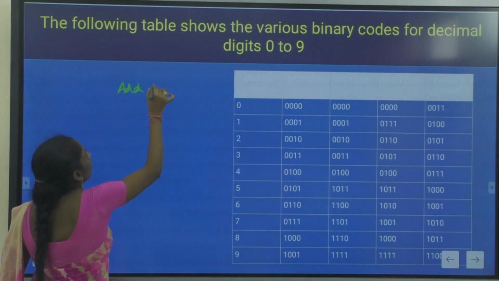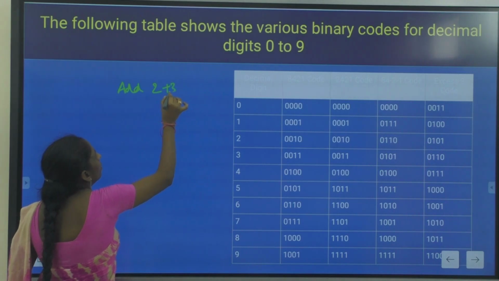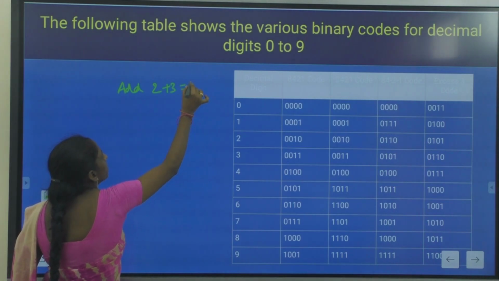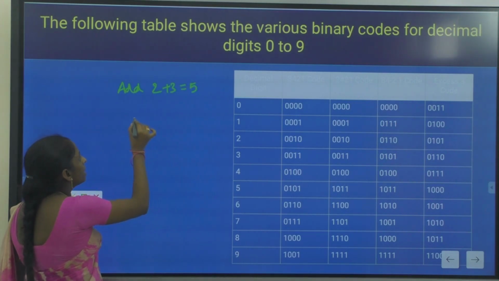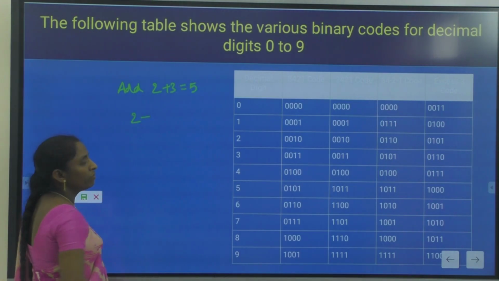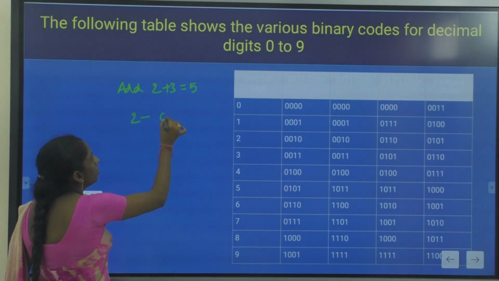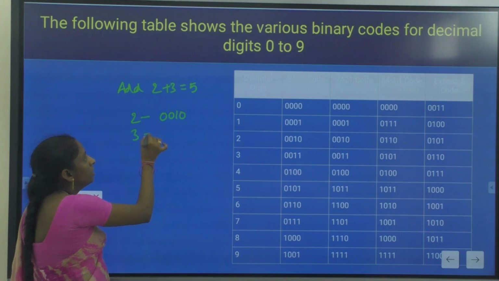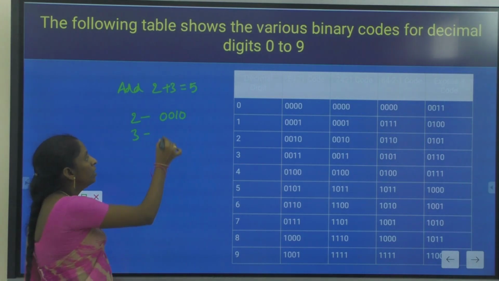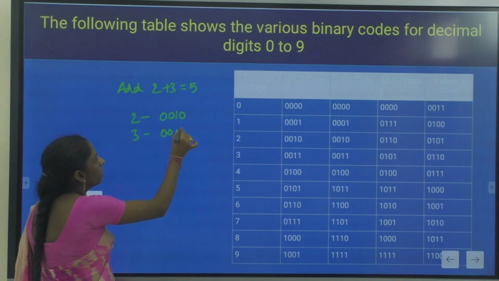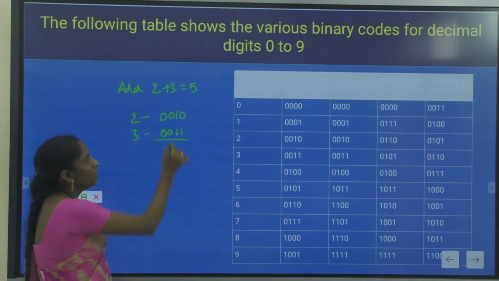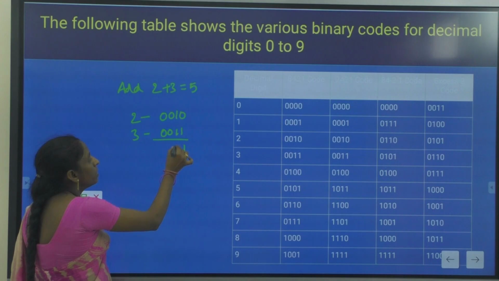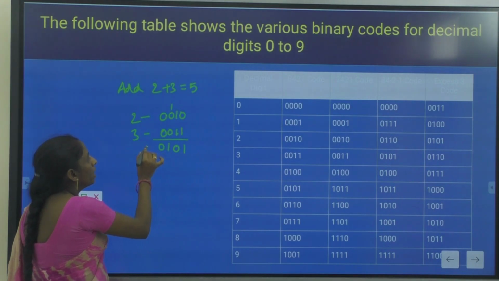For example, 2 plus 3. As per decimal, we should get 5 as the answer. First write the BCD number for 2, that is 0010, and write the BCD for 3, that is 0011. Now add these two. 0 plus 1, 1. 1 plus 1, 0 with carry 1, 1, 0. Okay?